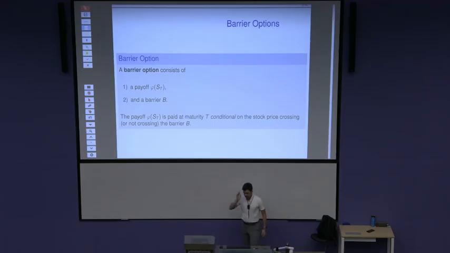Good. So what are barrier options? Barrier options, I told you, are not call options, they are not put options, but they are linked to some payoff that could be a call option or put option. So we have some payoff that typically is European. It could be something like the payoff of, let's say, a call option, right? This is what you should have in mind, but it's not only a call option, it's not a vanilla option, it's an exotic option.